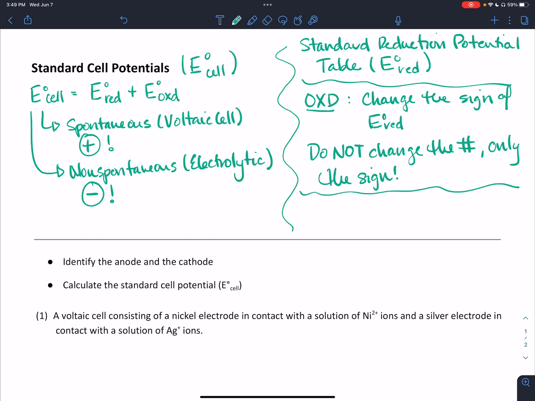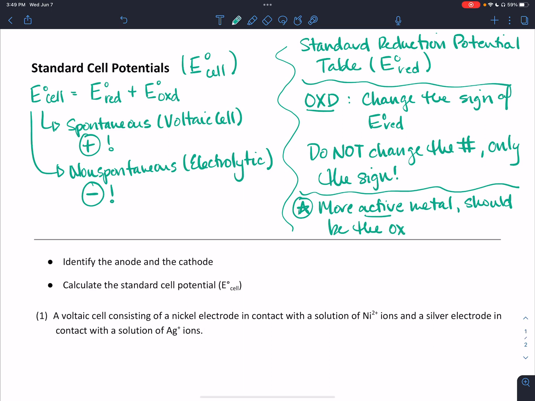Now, we are going to be dealing with voltaic cells, so we want them all to be spontaneous. So we need that cell potential to be positive. In those cases, the more active metal should be our reduction. Oh, sorry, I just said that backwards.